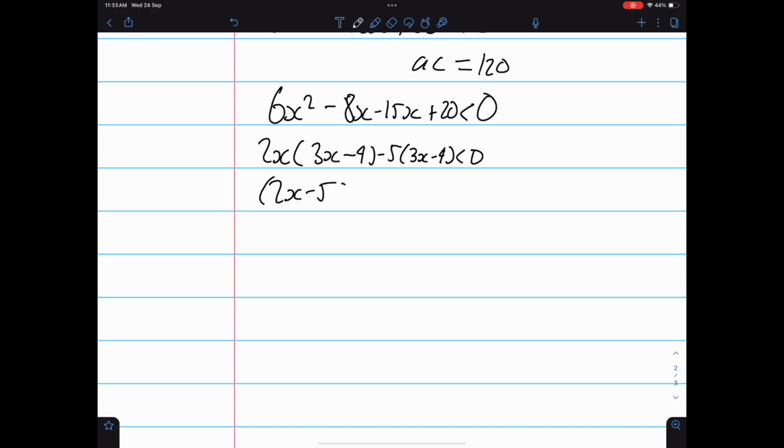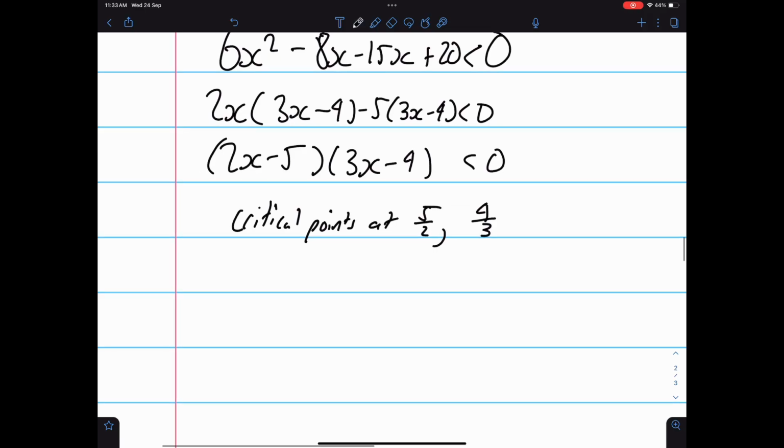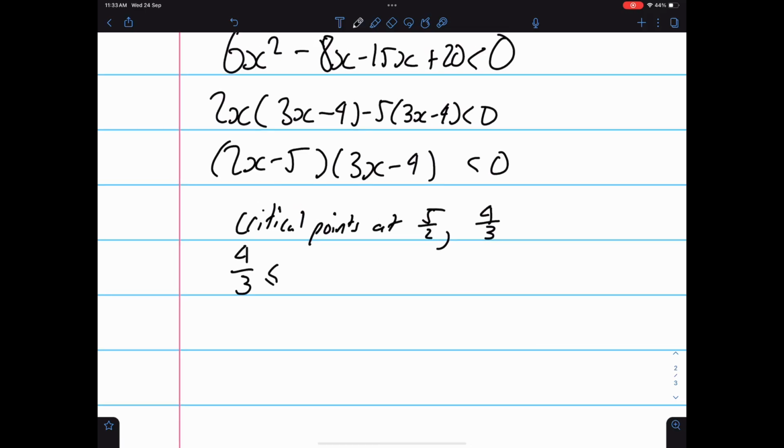Two x minus 5 bracket 3x minus 4 less than 0. Alright. So critical points at 5 over 2 and 4 over 3. We want to be less than 0, so we go between the 2 points.